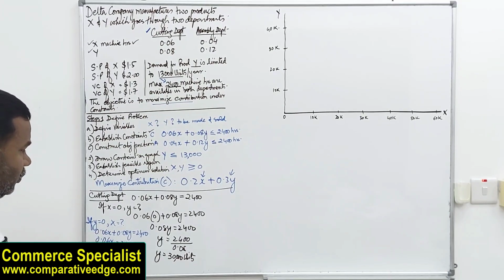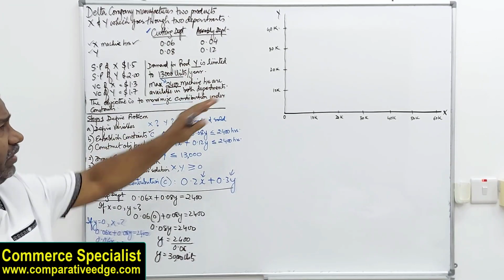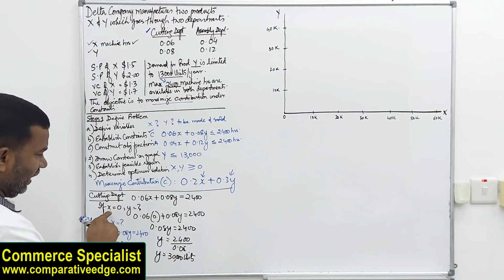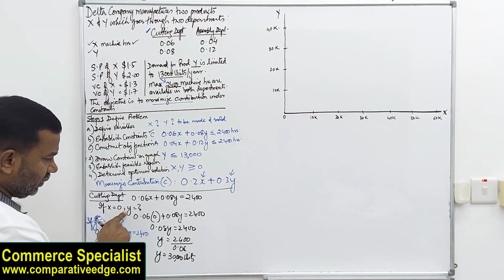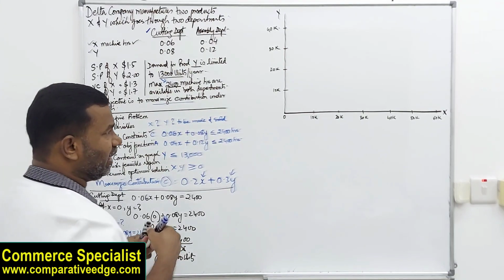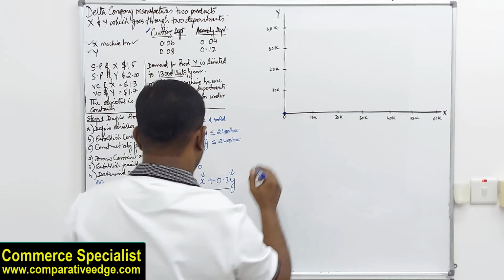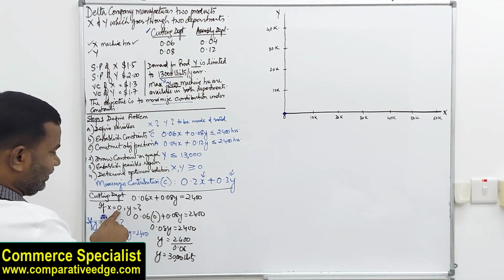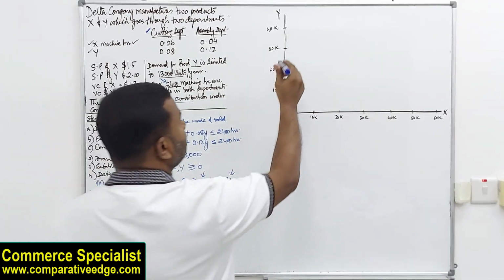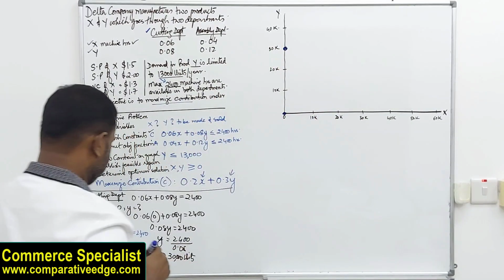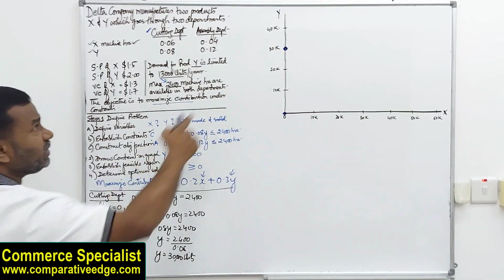So I'm going to plot this on the graph here. When x is 0, y is 30,000. Please have a look at this. This is x. When x is 0, y is 30,000. And when y is 0, this is y.